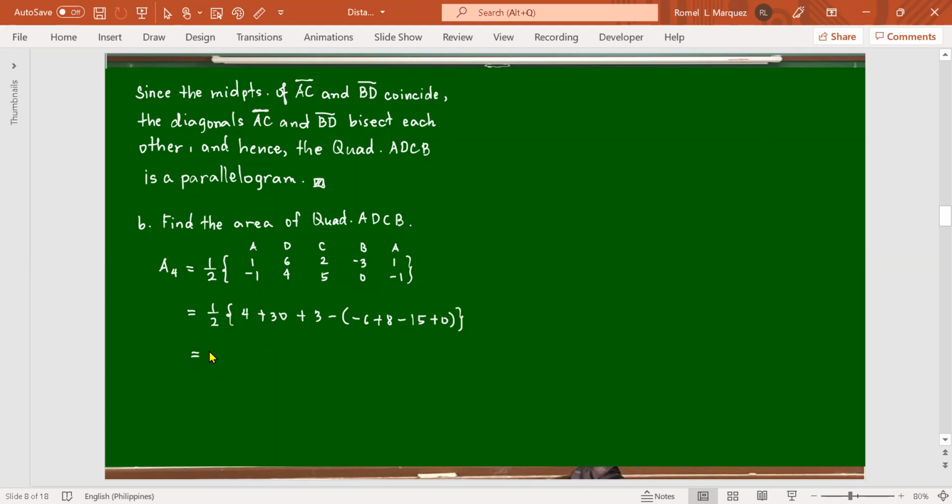What's the value? Anyone can help computing the value, guys? This is 1/2 of what? 37 minus negative 13. What is that, guys?